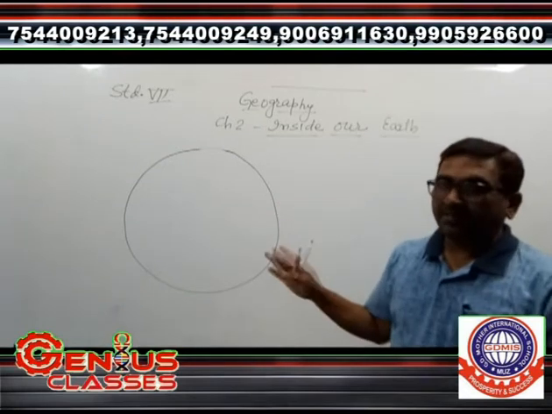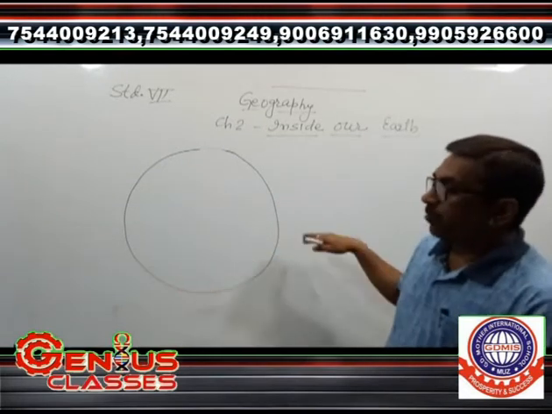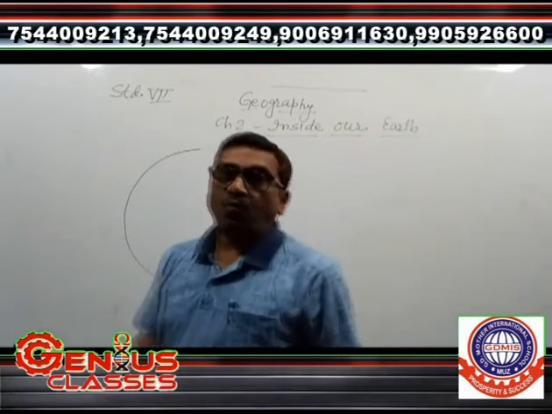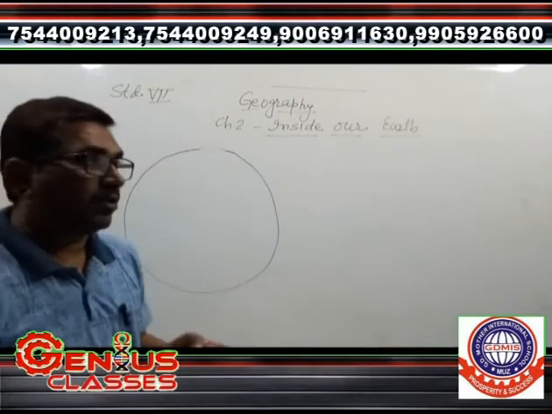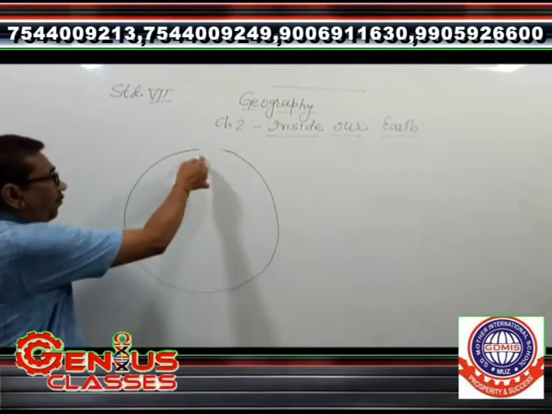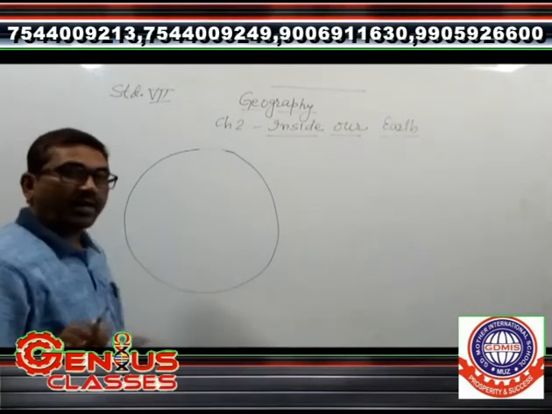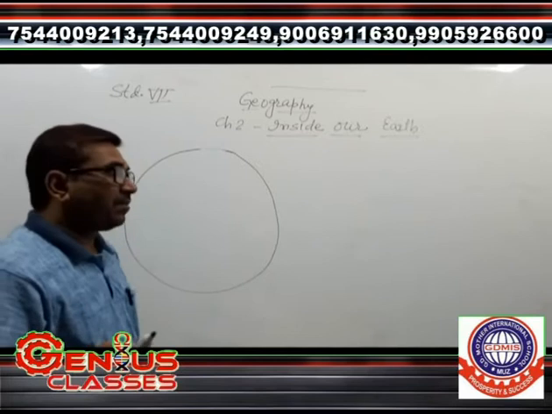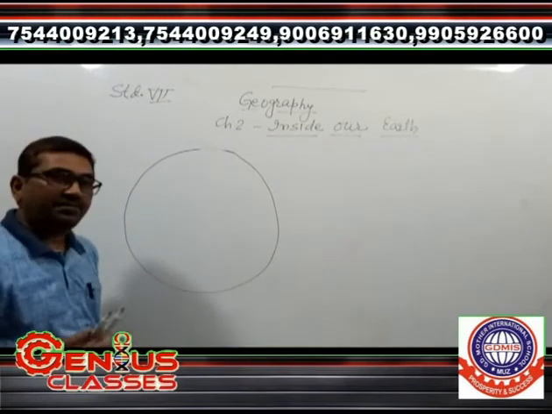But to understand, we draw it in the shape of a sphere when you are asked to draw the diagram of the earth and the interior of the earth. Since it is in the form of a sphere, we know from mathematics that it must have a radius.